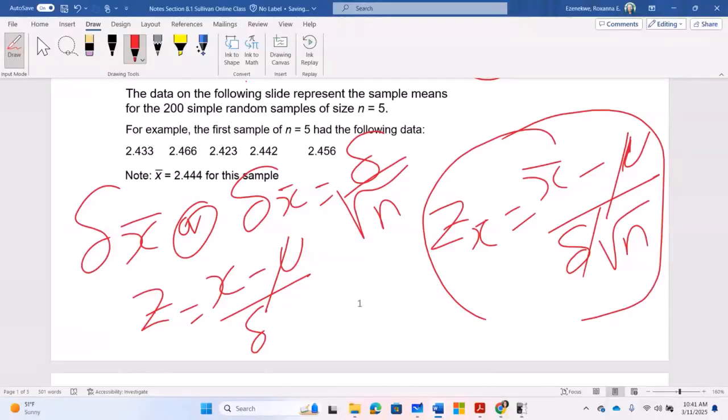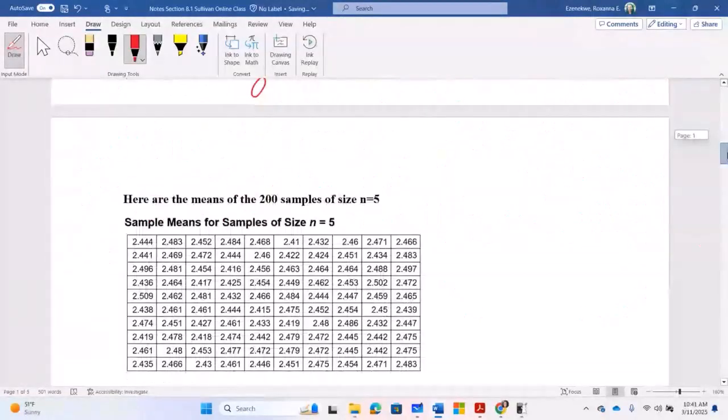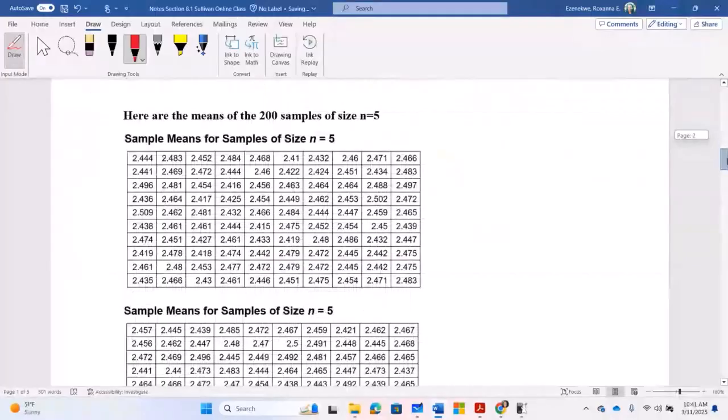We will solve many problems on the central limit theorem, so that I make sure I clear the confusion. This is where they demonstrated it. They found 200 samples and found the mean of each sample.